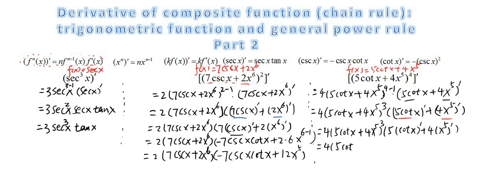We have 5 cotangent x plus 4x to the power 5, cubed, and the derivative of cotangent x is negative cosecant x squared. So we're gonna have negative 5 cosecant x squared. And for the last term we're gonna apply the power rule, right?